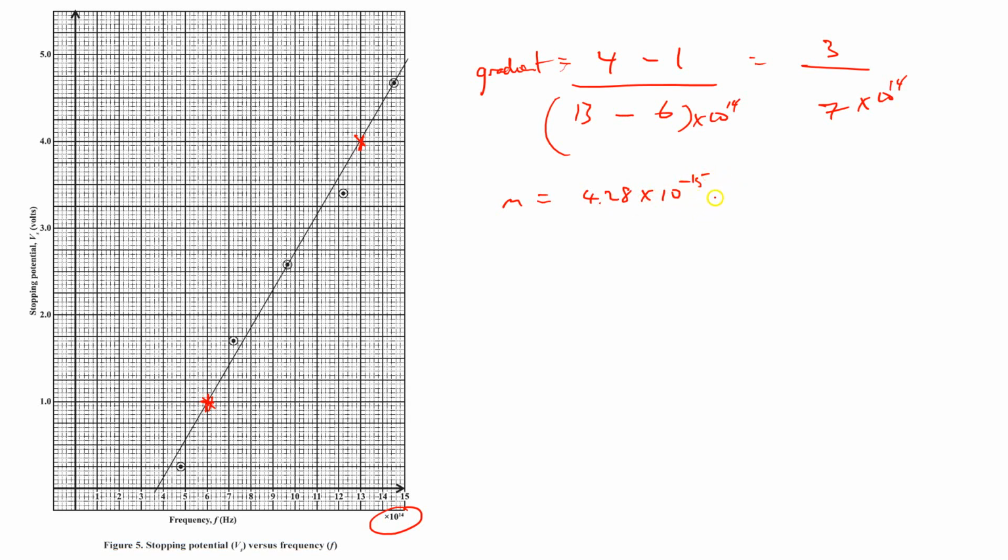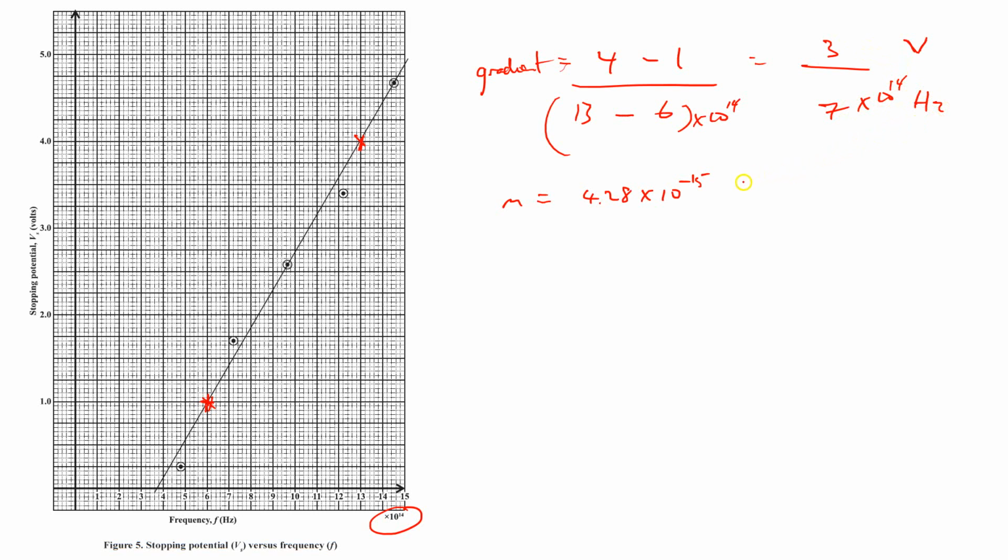They say they want a unit, SI unit. So let's see what unit we can come up with here. They want a unit. Wow. So we know that this is in volts. Frequency is hertz.